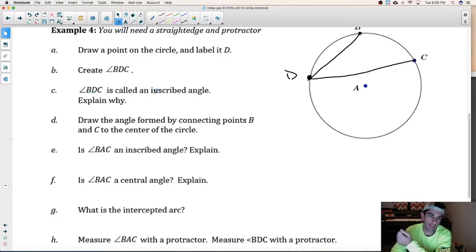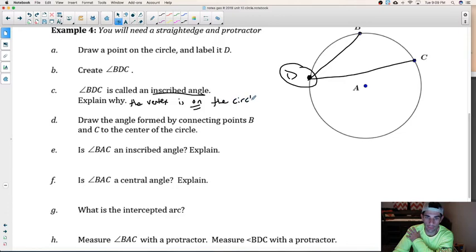Angle BDC is called an inscribed angle. Well, why is it an inscribed angle? Because where is the vertex? The vertex is on the circle. Or point D in this case is on the circle. All right, there we go.